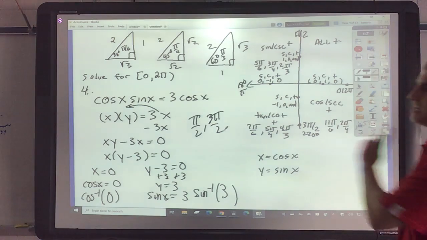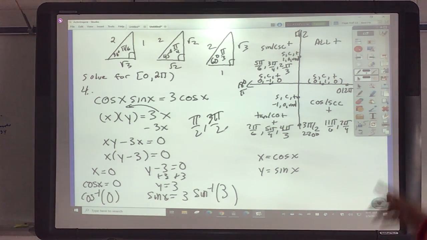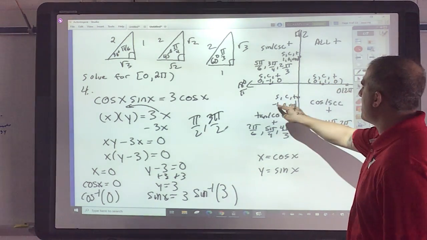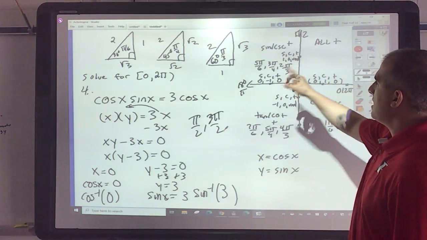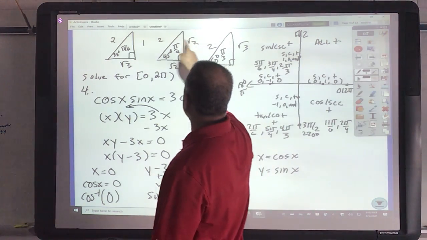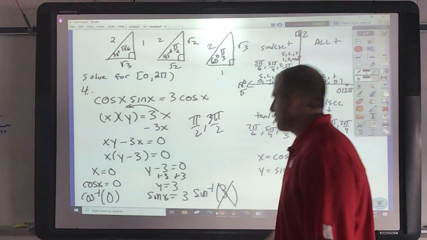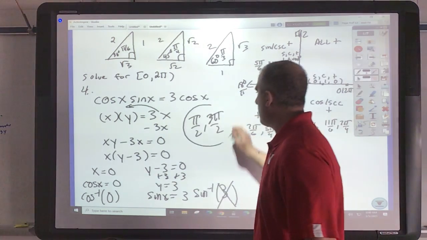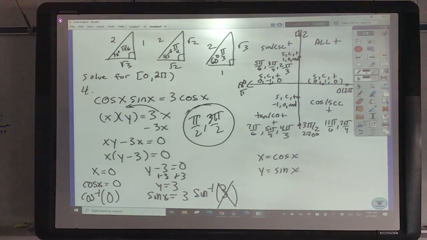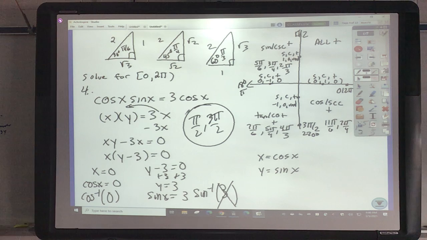Now, got an issue with sine. If you look at my sine, it never gets a 3, so this part here is just not going to work. The only part that's actually going to work is the pi over 2 and 3 pi over 2.